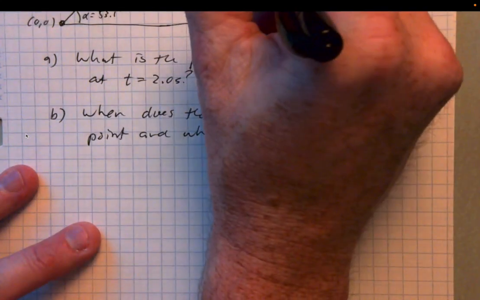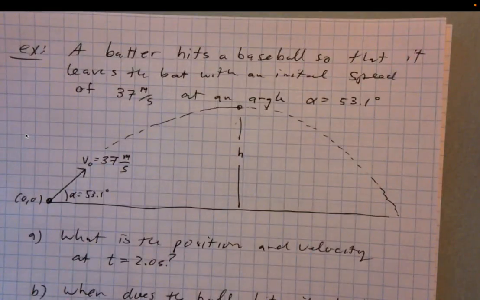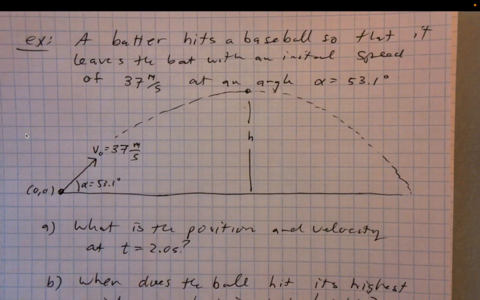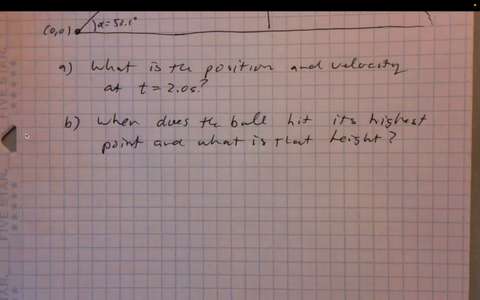Basically we're asking, what is this height? We'll say that's the highest point. How high does the ball go? And then also, when does it get there? That's another classic thing that you can do here.